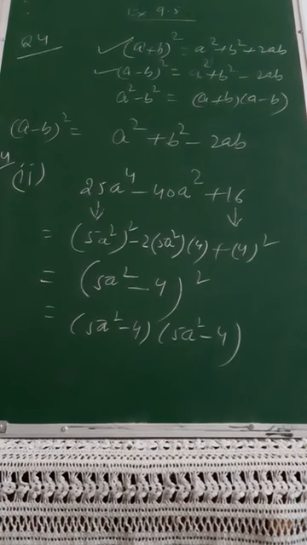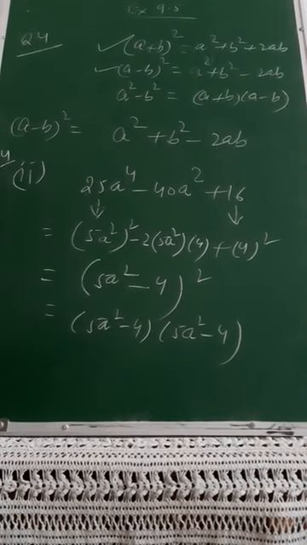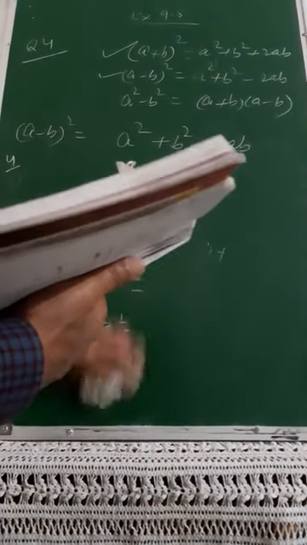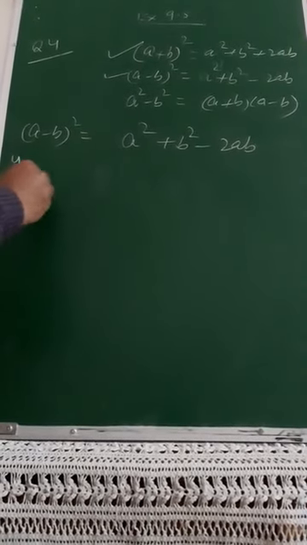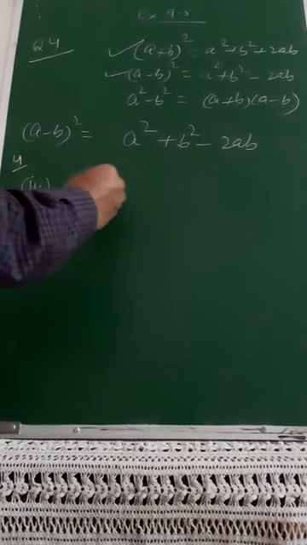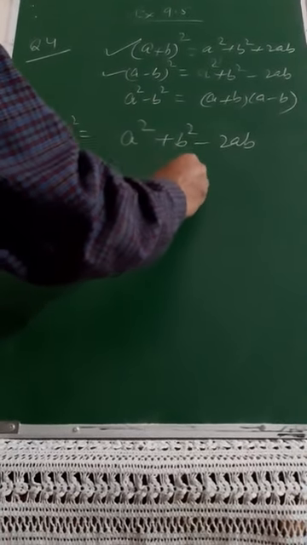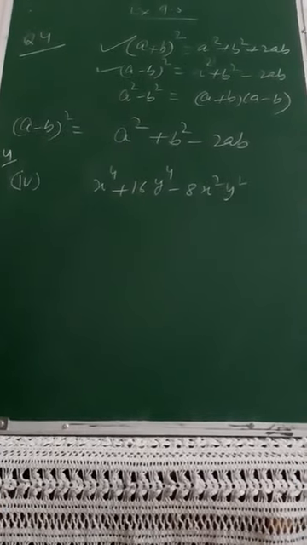Then suppose I am picking the next example based upon the same, your fourth part. So the fourth part of question number 4 given to you is x raised to the power 4 plus 16 y raised to the power 4 minus 8x square y square. Fine.